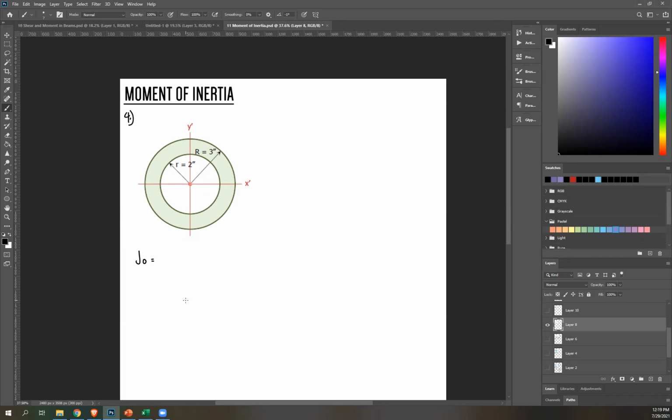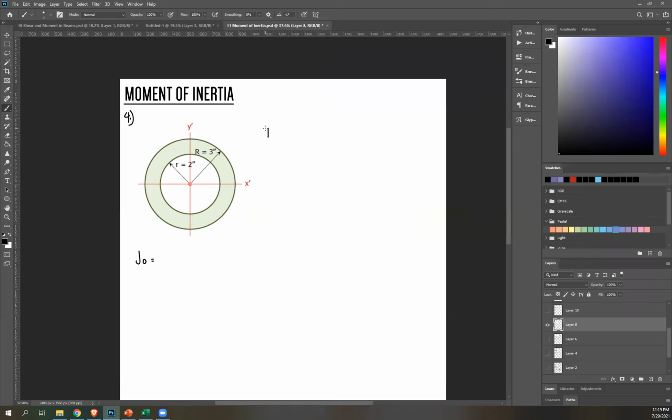We can take this as a whole circle, since that is what we know, take the moment of inertia of this total circle and then subtract the moment of inertia of this empty space. So again, it's just the whole subtracted by the empty space. Before I write it in the equation, I'm going to separate your moment of inertia so that we'll see it clearer.